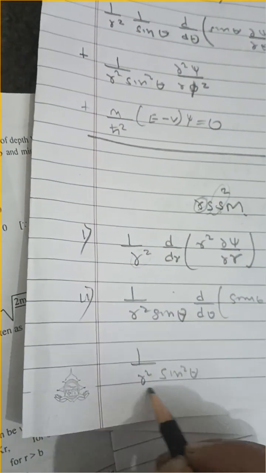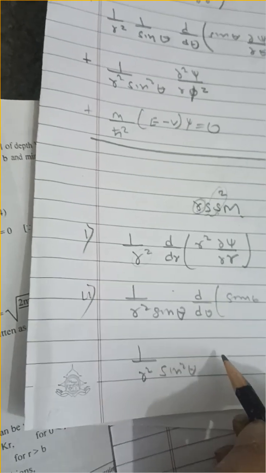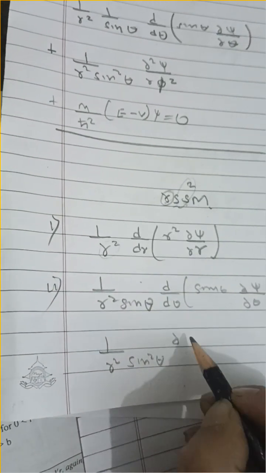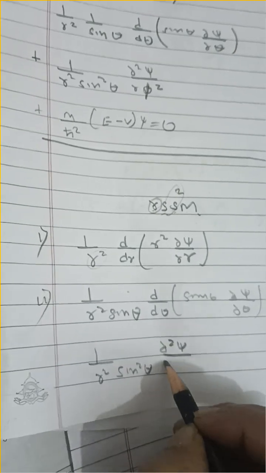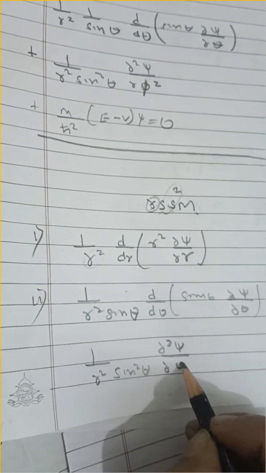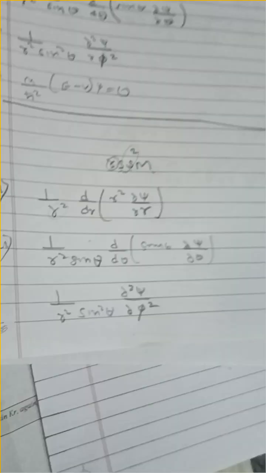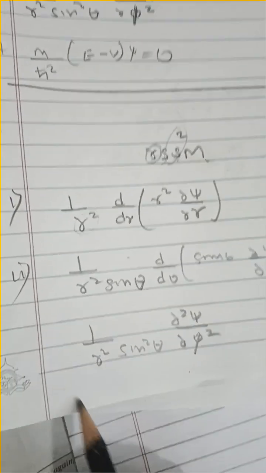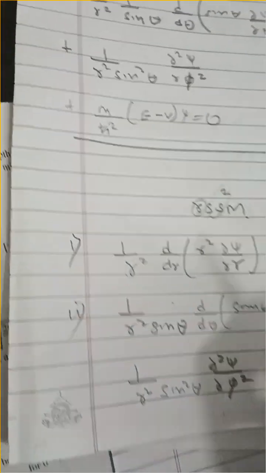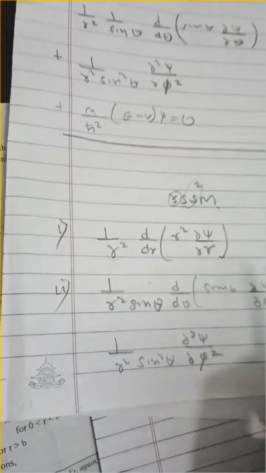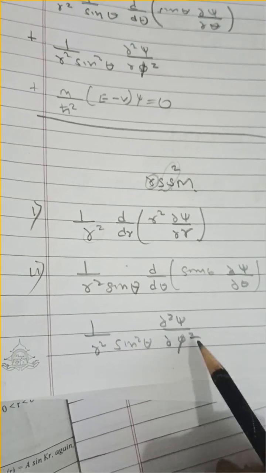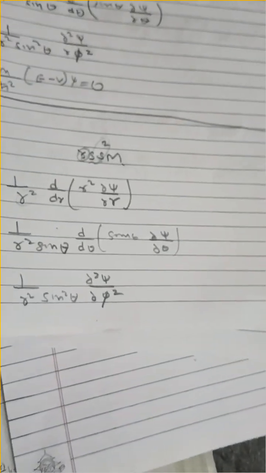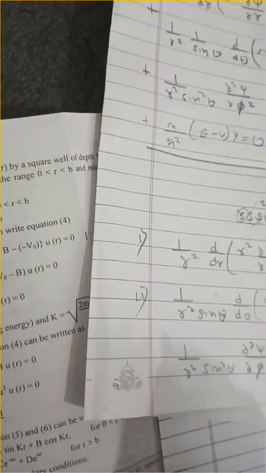And when we write sine square theta, we don't need to write that operator. We can just write d square psi divided by d phi square. So for s square we don't need to write the bracket terms, we can just write d square psi divided by d phi square. So this is the third term.